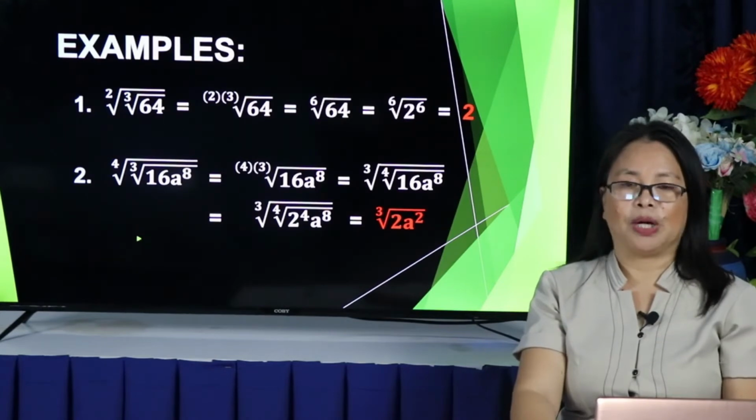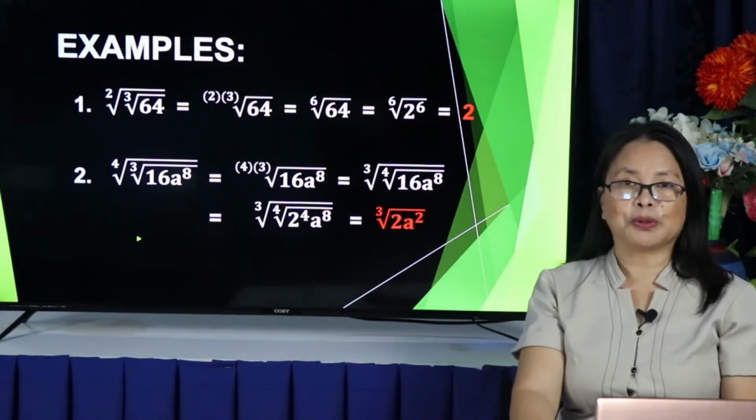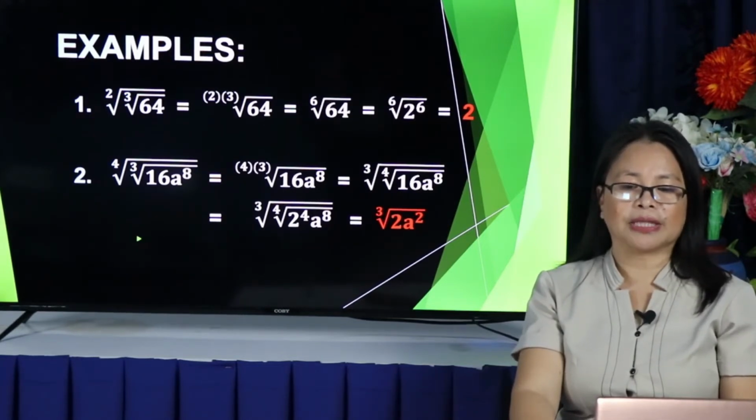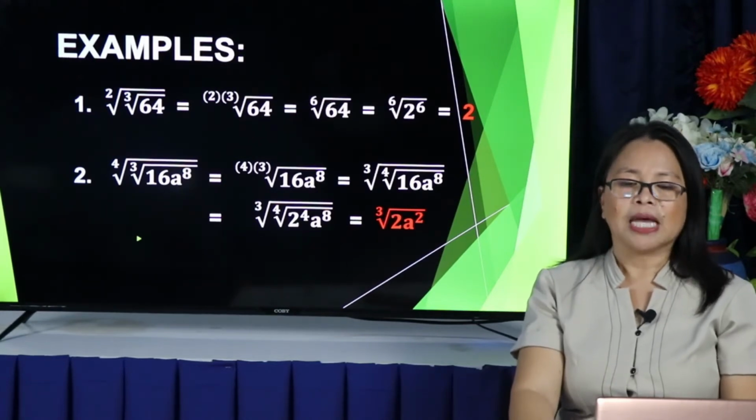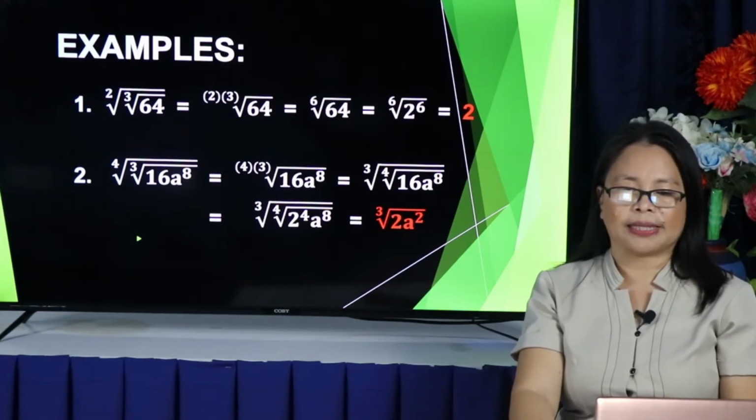Example number 2. The 4th root of the cube root of 16a to the power of 8 is equal to the product of the 4th root and the 3rd root of 16a to the 8th power. You can interchange the index as long as you can find the perfect root of the radicand.